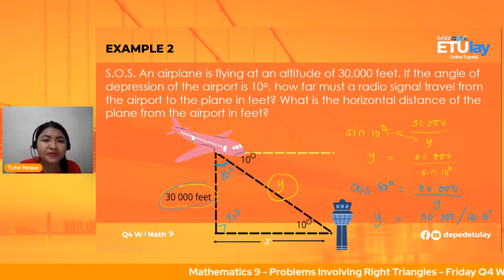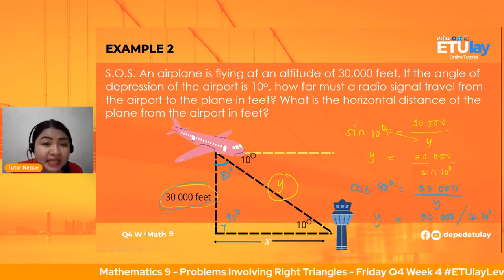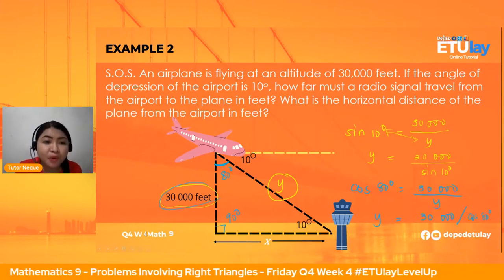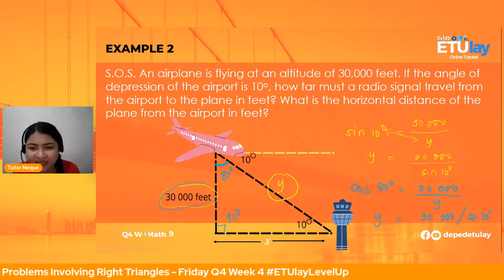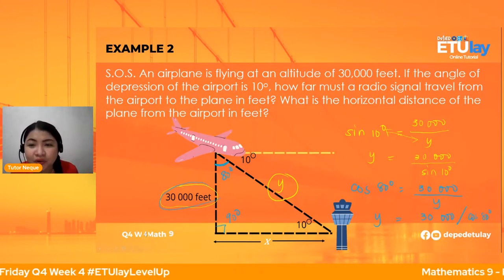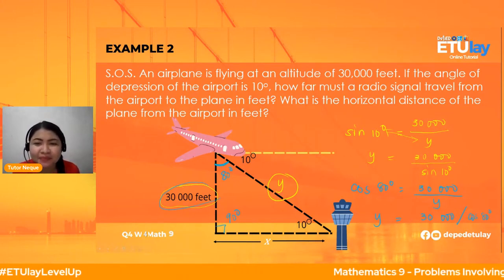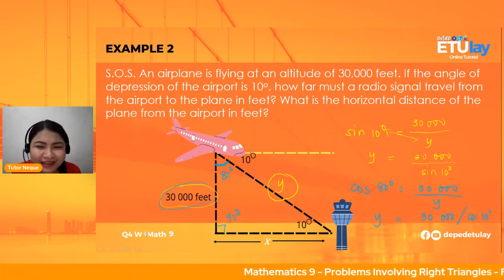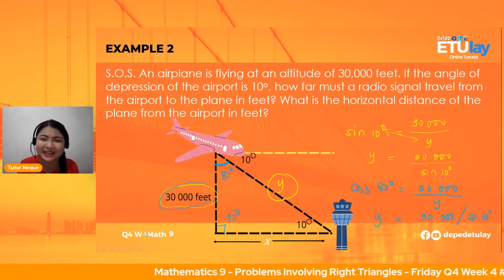Now, how about dito sa ating distance from the airport to the plane in feet? Ayan! Marami na ang nakakasagot. Pero nanguna walang iba kundi si Bernard Aureliano. Hello, taga saan to si Aureliano?